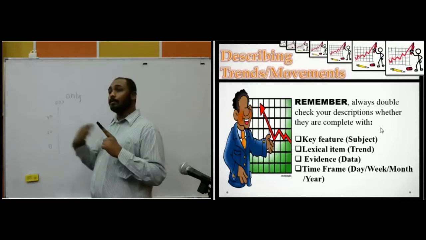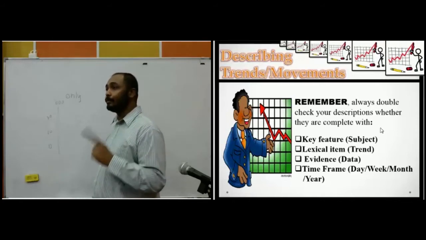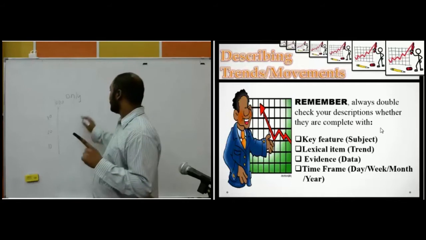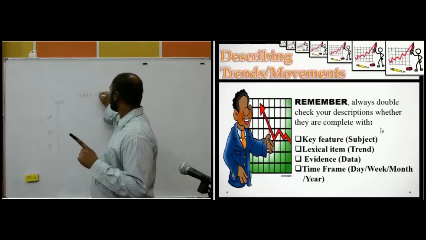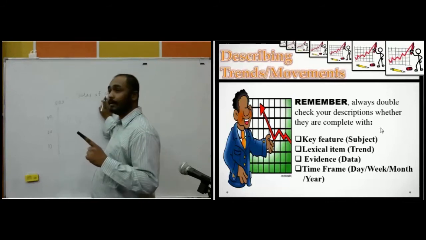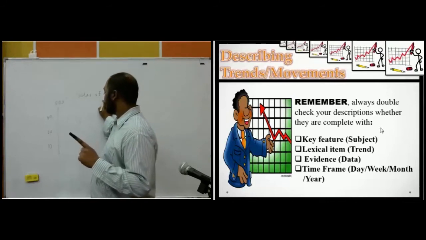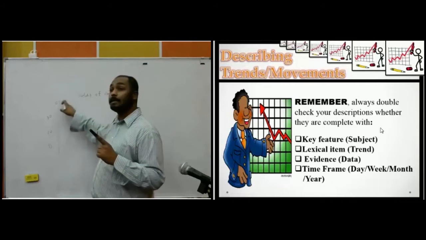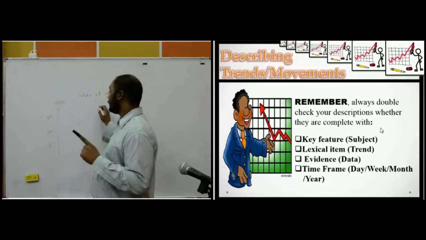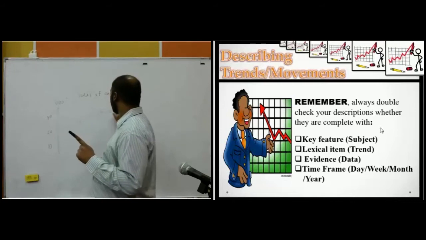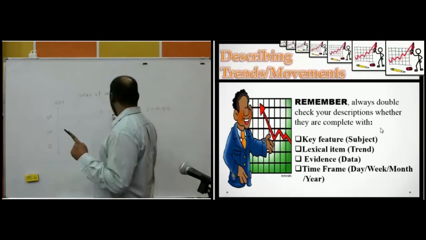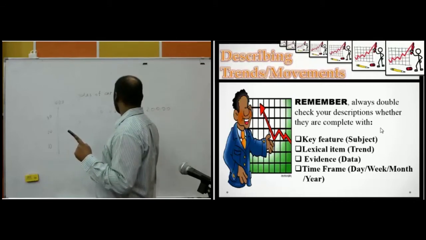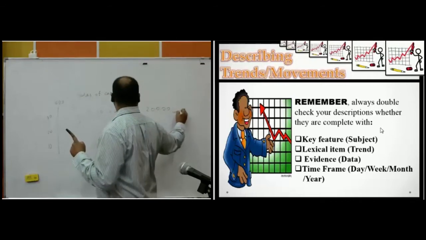When you also talk about data, you have to tell me if this is sales of cars. Am I right? Sales of cars. So sales increase from 10,000 to 20,000, you have to mention units.